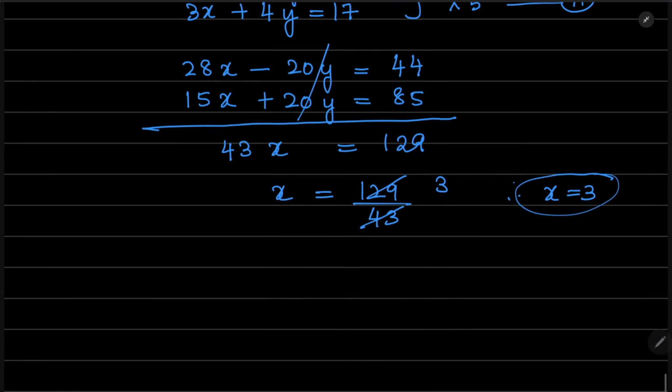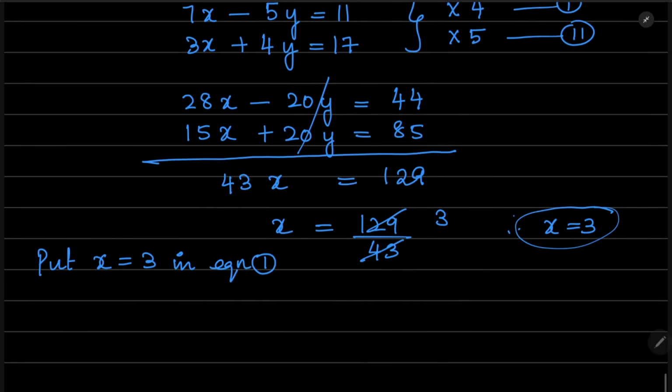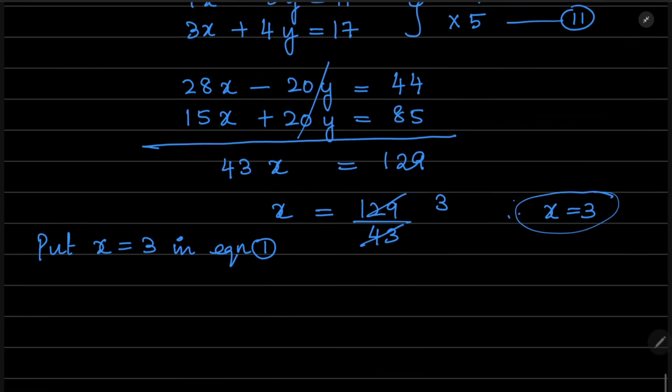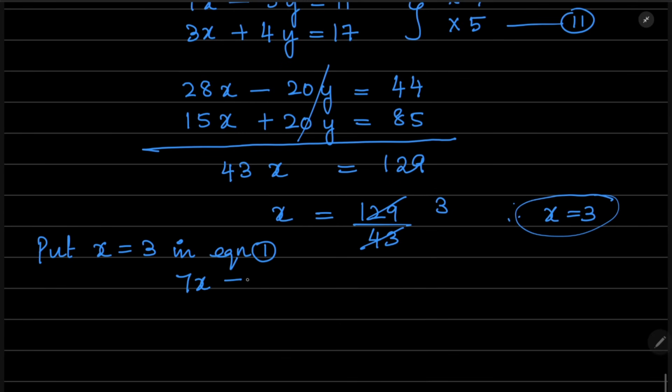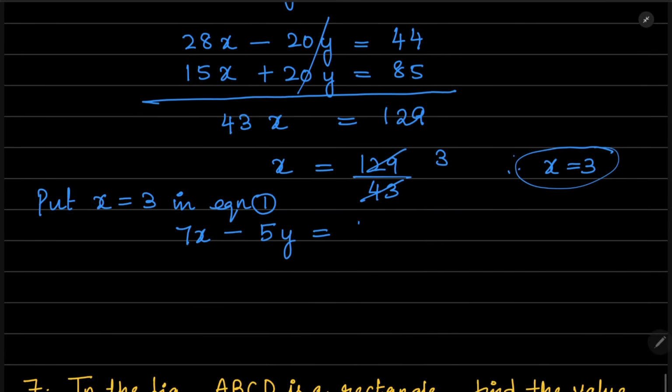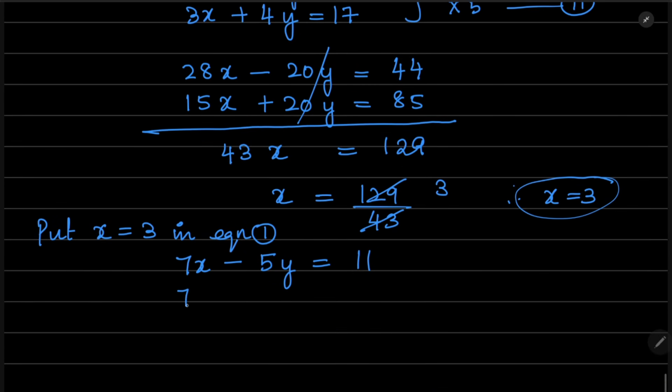Okay, so you can write down. Put x equal to 3 in equation 1. So what do you get? 7x minus 5y equal to 11. In place of x, it's 3, so 7 times 3 minus 5y equal to 11.